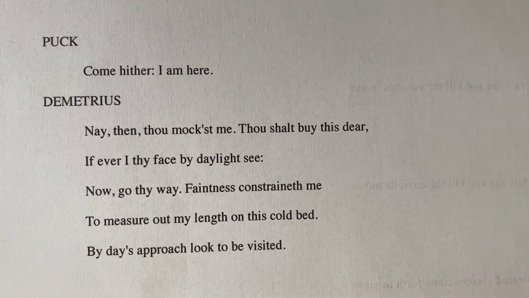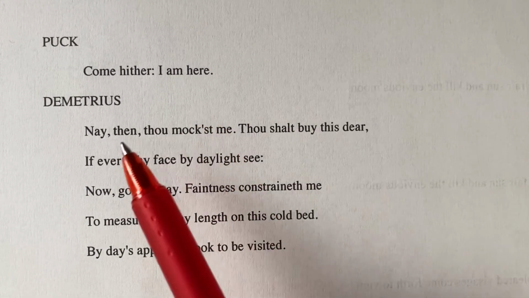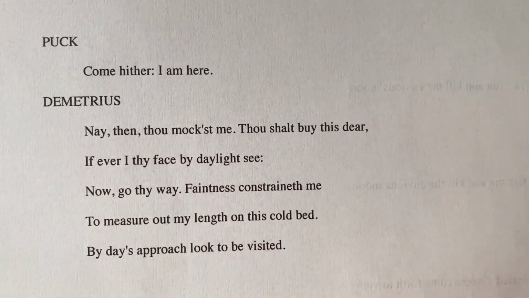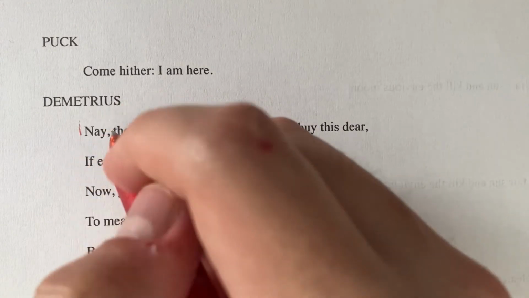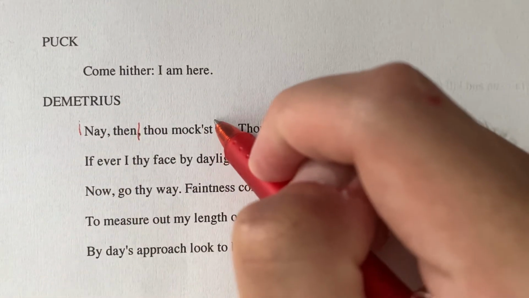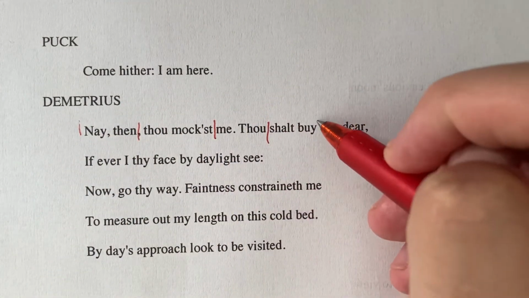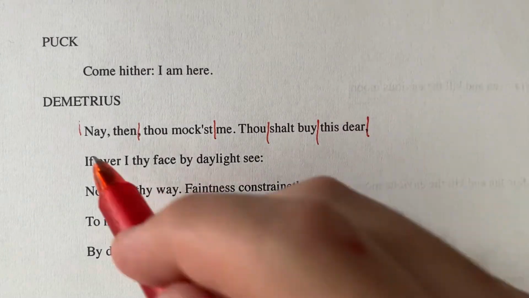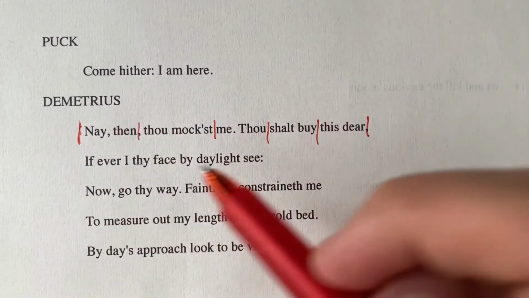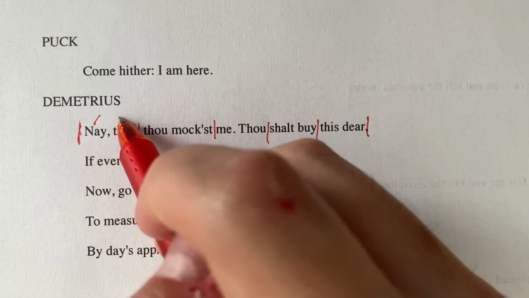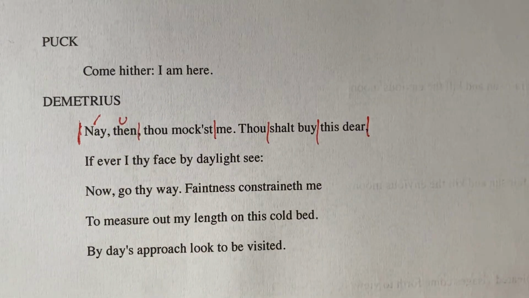It has ten syllables, and everything seems to be stressed in the right place, except right at the beginning. Right at the beginning of this line, and I'll scan this first line out for you. "Nay, then thou mockst me, thou shalt buy this deer." Right at the beginning of this line is a trochee, stressed, unstressed.